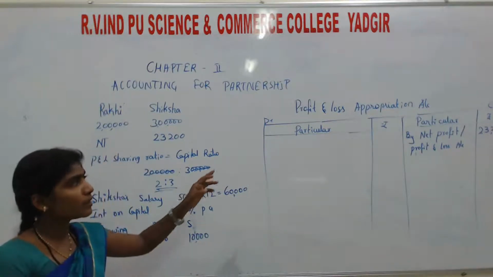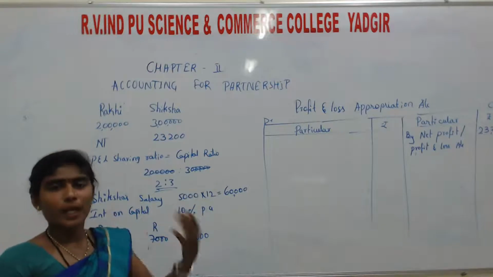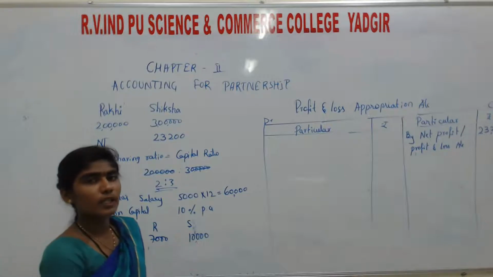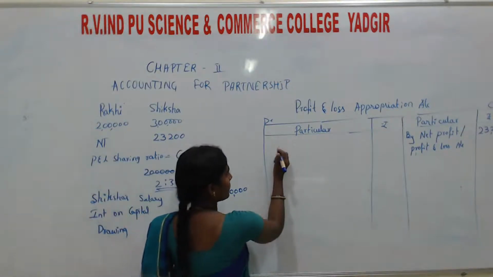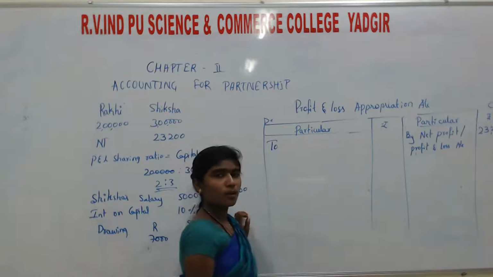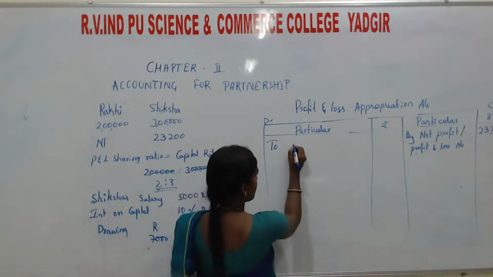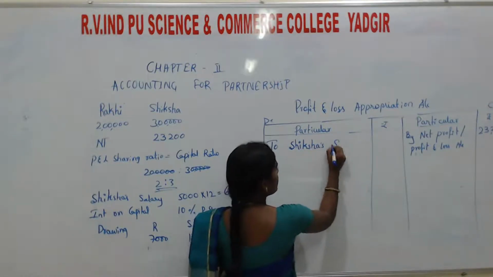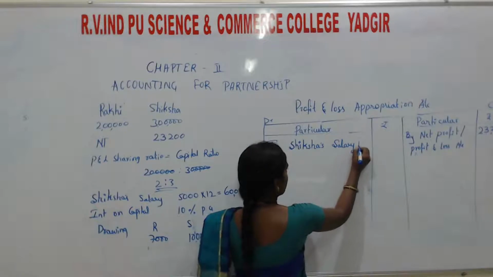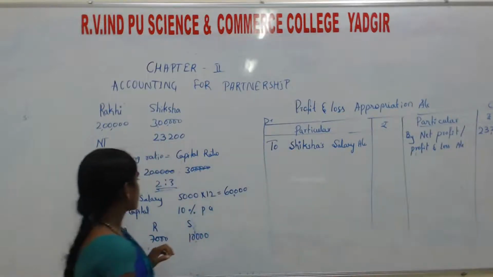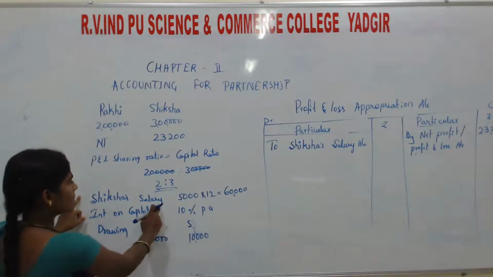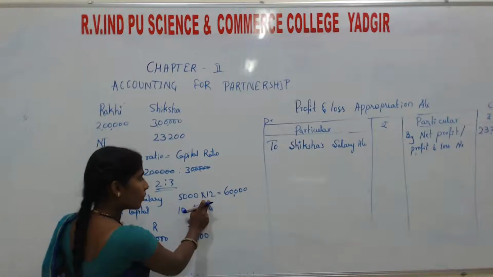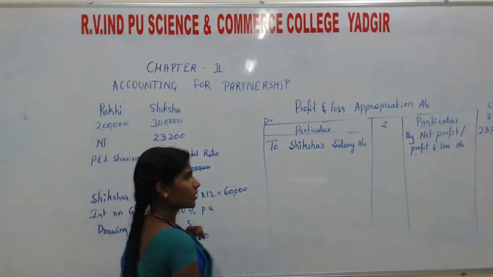For paying salary to Shiksha, for a firm it is an expenditure. So debit side. To whom is the salary paid? Shiksha's salary account. Shiksha's salary is 5,000 per month, for the whole year 60,000.